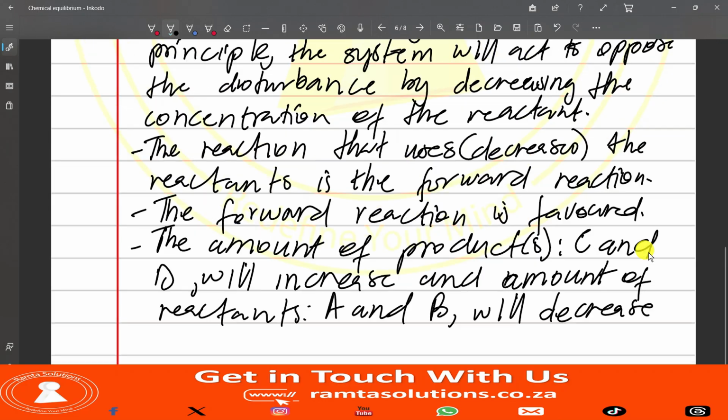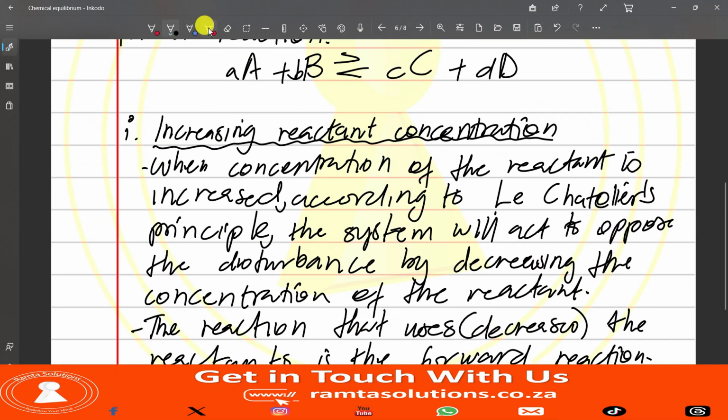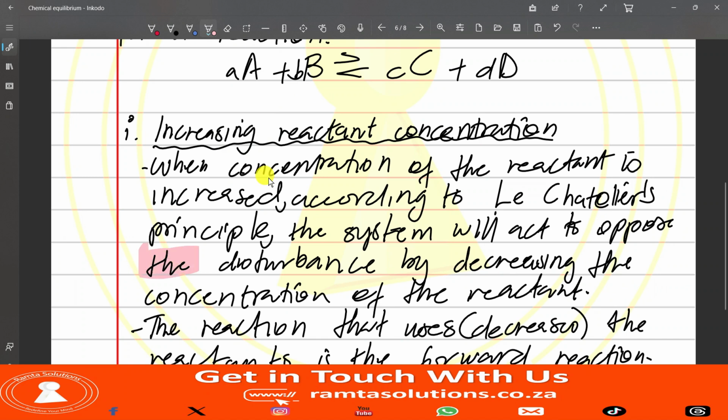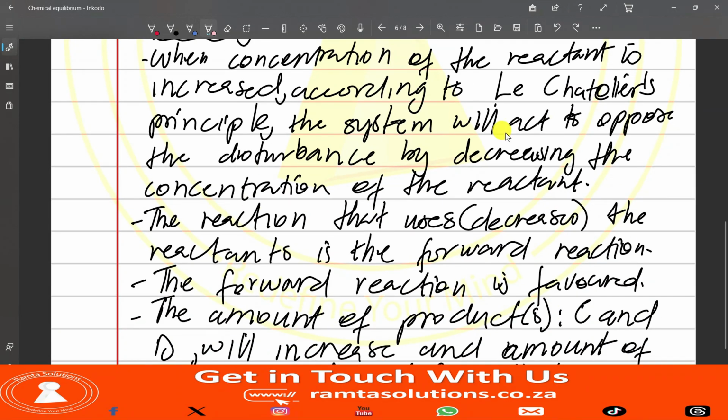Now let's look at it. I'm going to highlight a few things here. You are increasing reactant concentration. According to Le Chatelier's principle, the system will act to oppose the change or the disturbance by decreasing the concentration of the reactant.